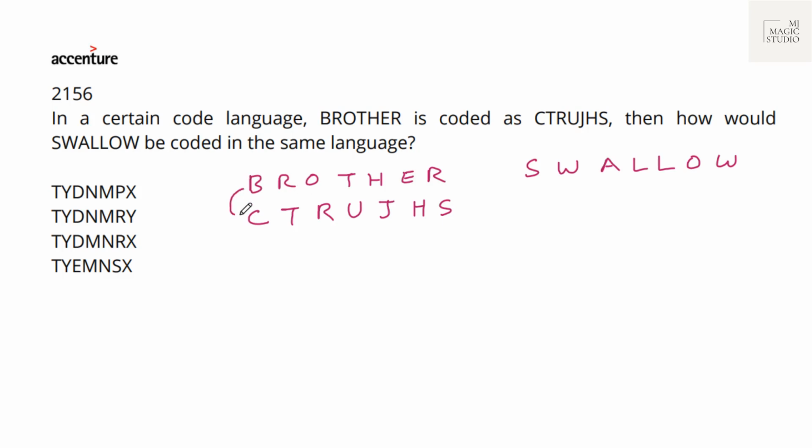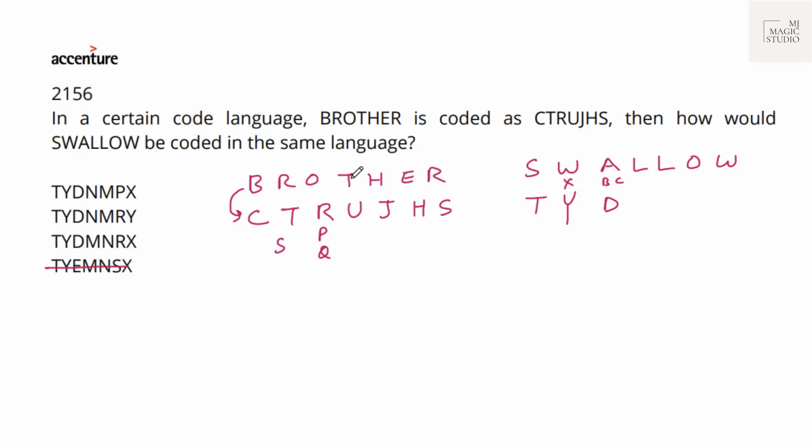It is B-C. So after S is T. PQRST, one gap, WXY. Then OPQR, after two gaps, ABCD. We should have D. So okay, last option gone.